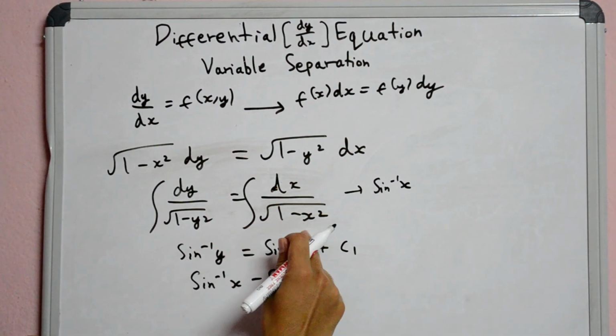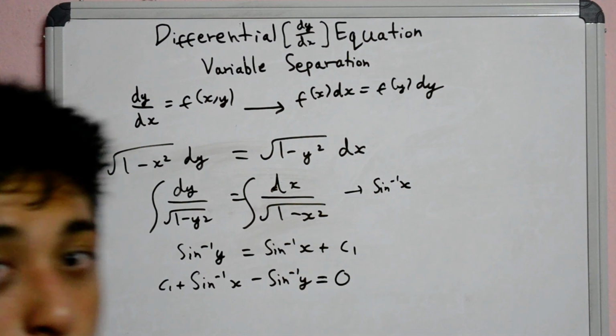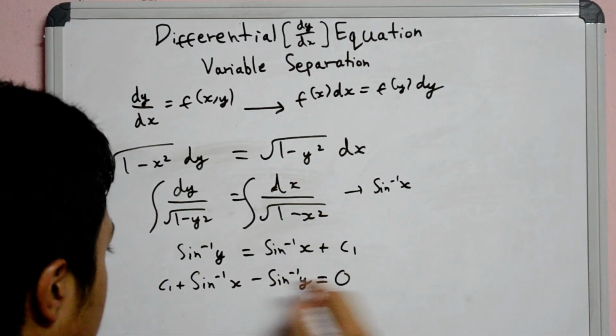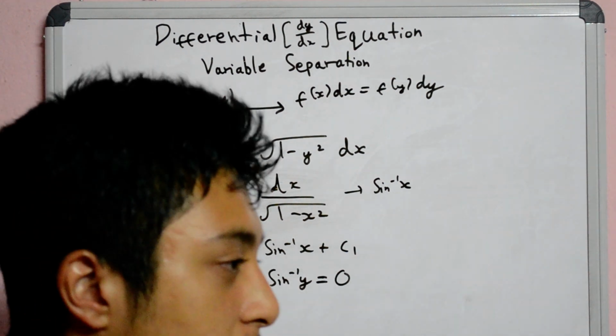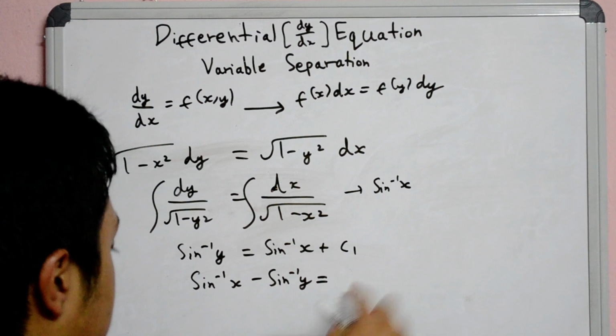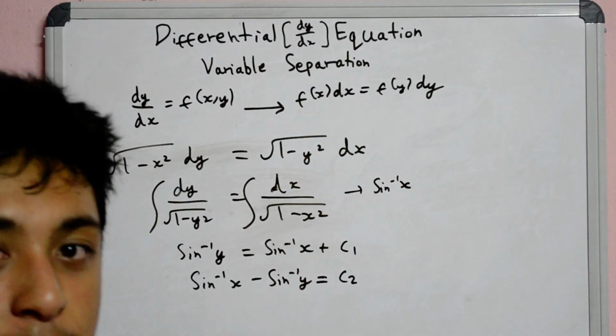So this will go here. We have the c1 right here equals to 0. Now what we can do is put that constant on this side. So this will become minus c1, but again minus c1 is another constant, so we can write it as just c2. So we have sine inverse x minus sine inverse y.